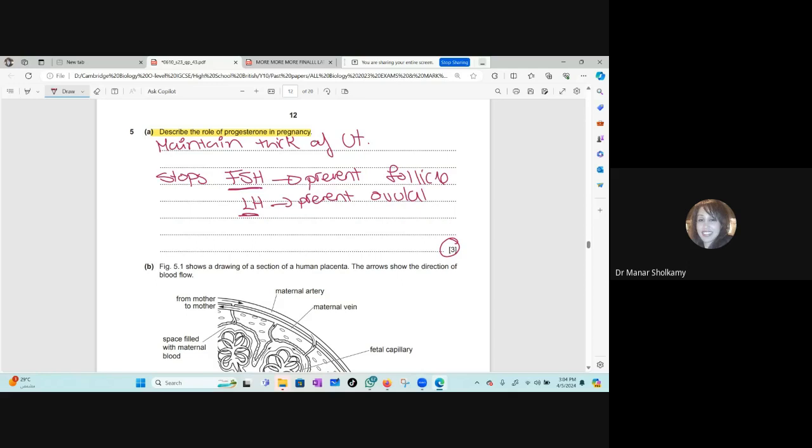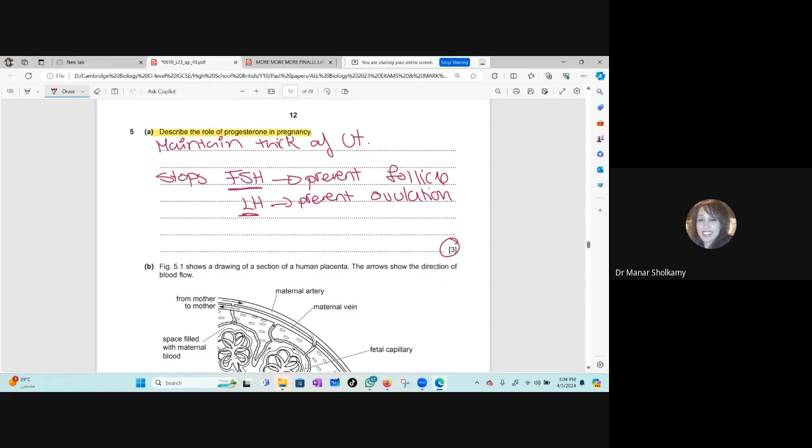So when it stops follicle stimulating hormone, this will prevent what? The development of another egg or follicle. Correct. And when it stops luteinizing hormone, it will prevent ovulation. Correct. I want you to think of a third function because it's 3 marks.